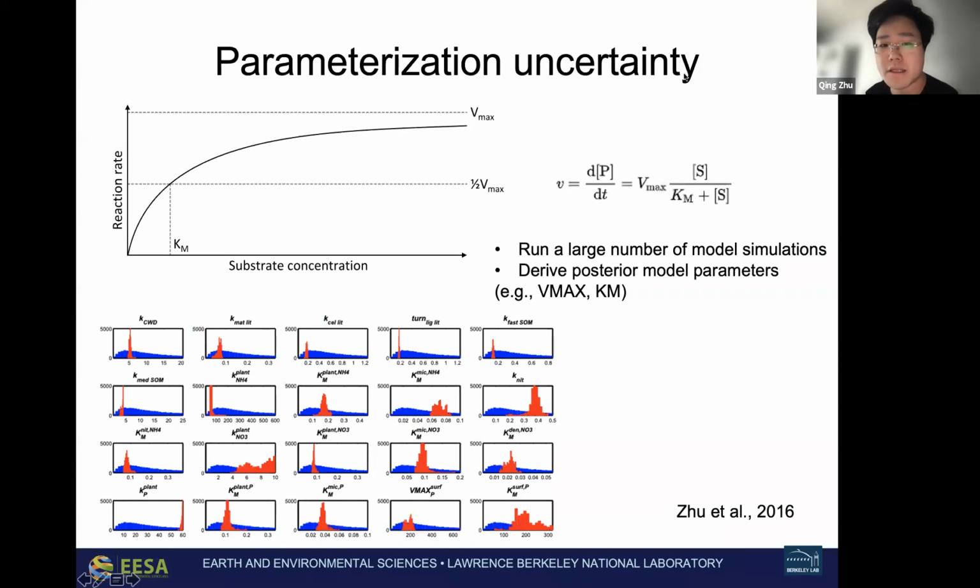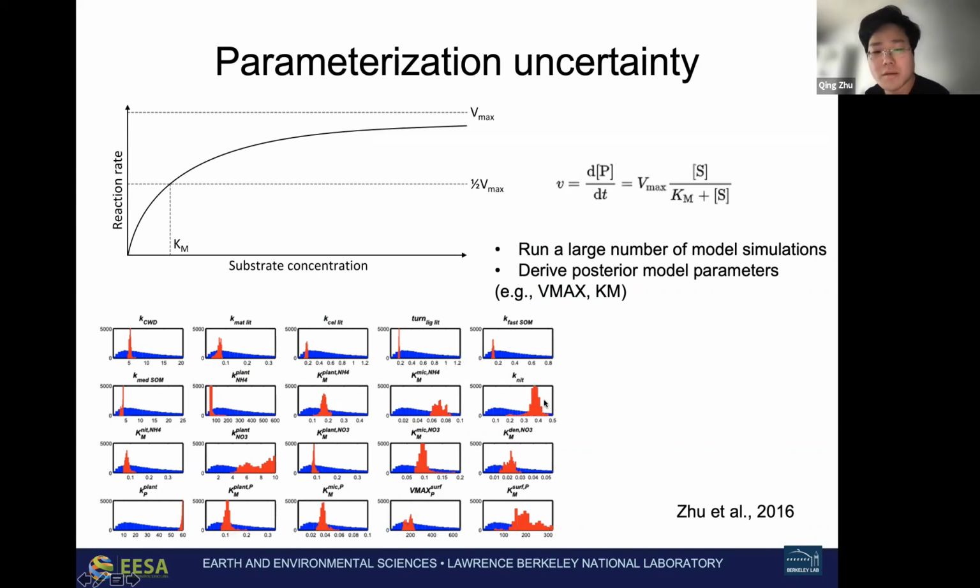And the second component is parameterization. Here's an example for the Michaelis-Menten type of equation, where we have two critical parameters, Vmax and Km, that adjust the shape of this uptake rate. And here is an example of a tuning exercise of those critical parameters, Vmax and Km, at tropical sites for nutrient uptake and plant productivity.